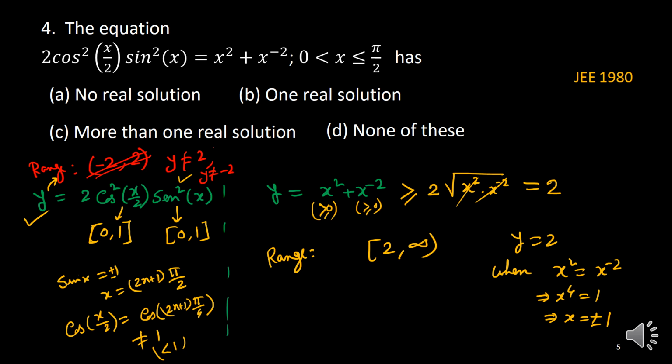This is important for us: y not equal to 2. On the right hand side y equal to 2 is fine, but y cannot take the value 2 from the left hand side. So there is no overlapping. There was only one chance that y equal to 2 could be the overlap, but the left hand side says y cannot have the value 2. Thus no overlapping means no real solution.